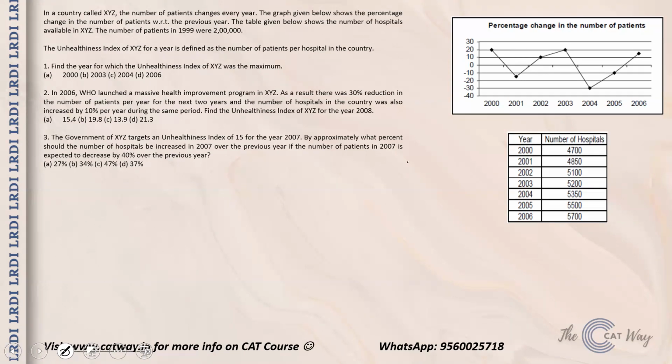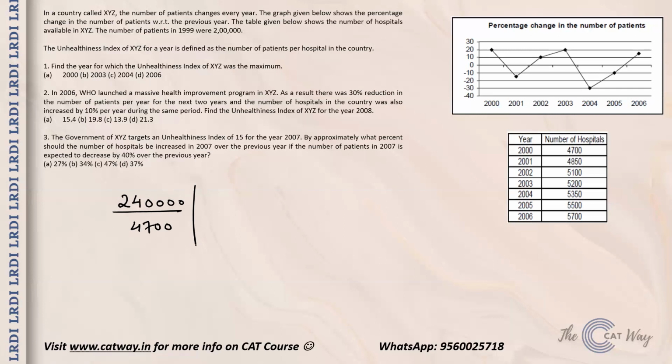Now you see guys, in 1999 the total number of patients was 2 lakh. Coming to 2000, there was an increase of 20%, so the total number of patients is 2 lakh 40,000, and the number of hospitals is 4700. Similarly for 2003: in 2001 there was a decrease of 15%, then an increase of 10%.